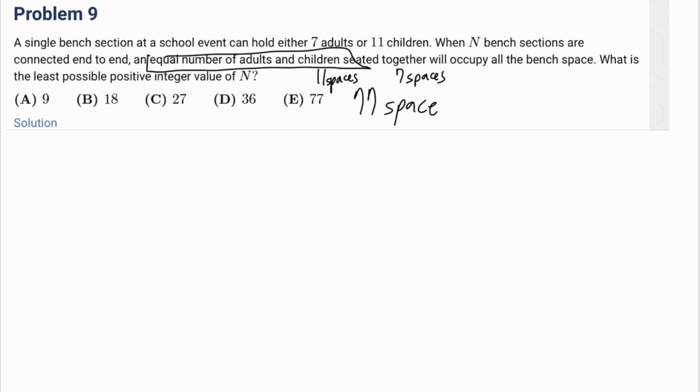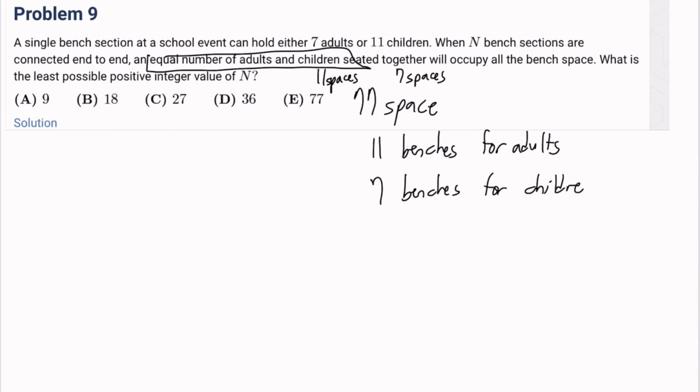So that means for the very least we can have 11 benches for the adults, and we can have 7 benches for the children, right?